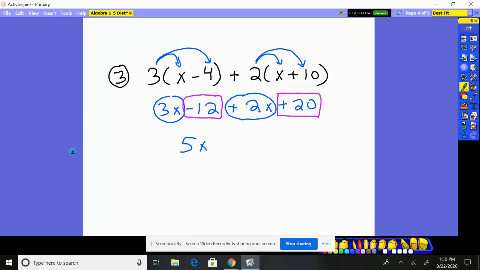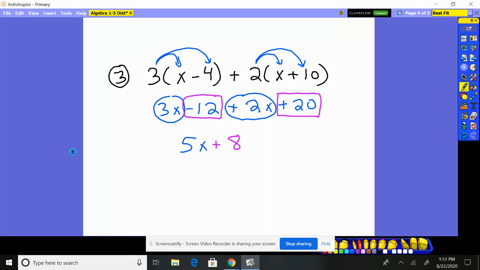Imagine that you lost 12 pounds, but then you gained 20 back. You gained more than you lost. What if you're in Vegas gambling and you lost $12 on one hand, but then won 20 on the next? The end result is that you are ahead by 8. You gained 8. So this final answer for number 3, that whole big thing simplified, is 5x plus 8.